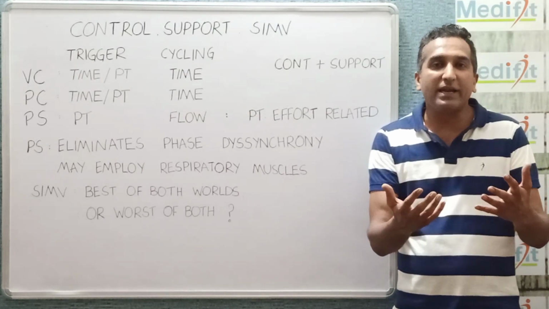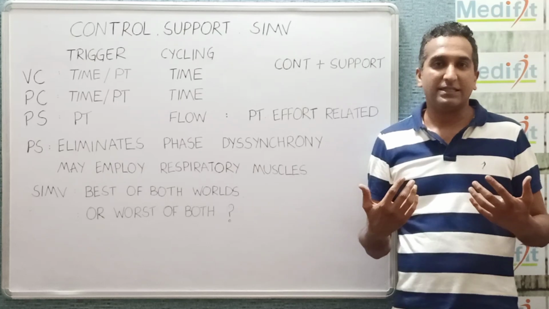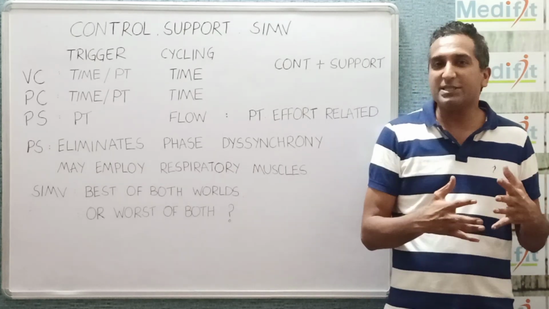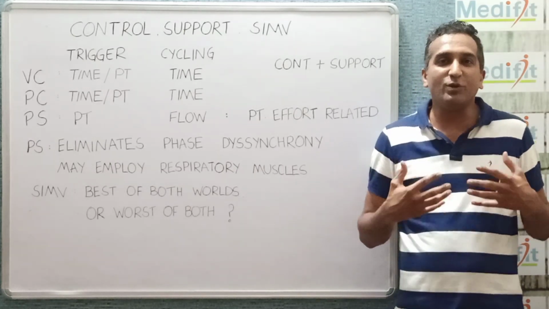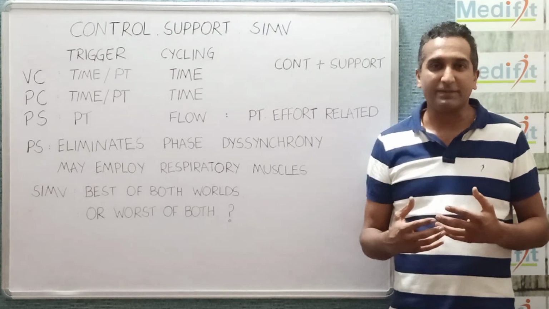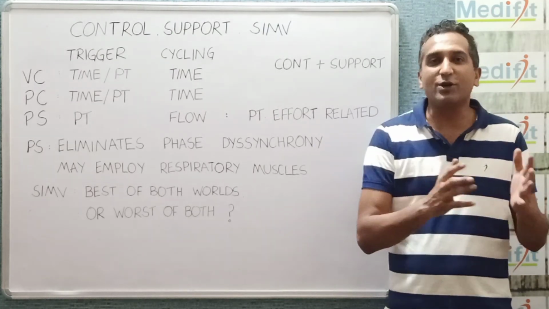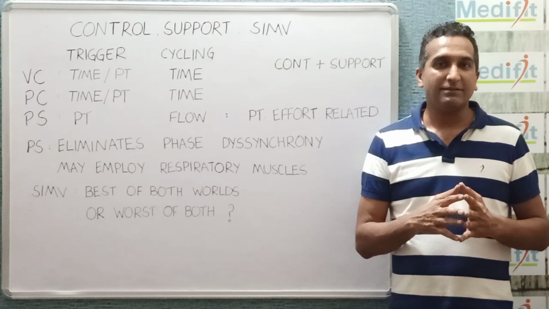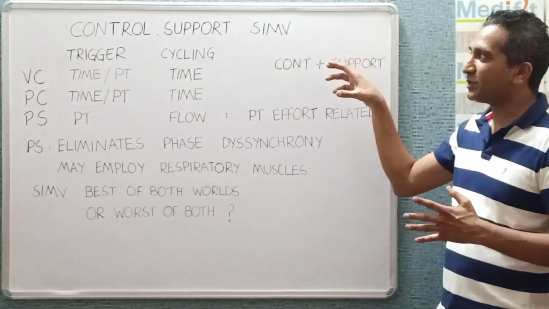Well, when we are trying to take the patient off the ventilator, when we want him to now participate in the work of breathing, we want him to employ his muscles of respiration, we want him to become more synchronous with the ventilator, and we introduce both the modes together.